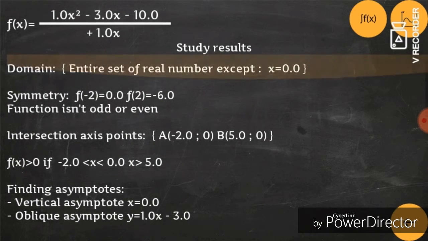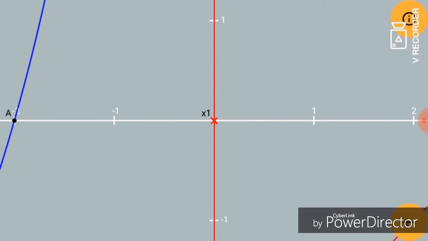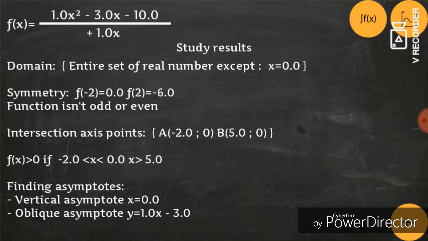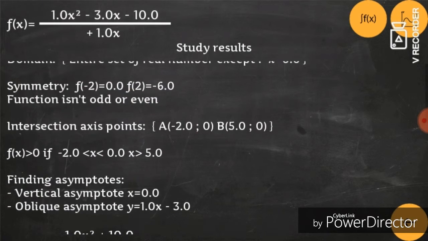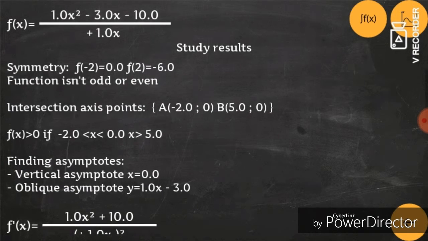Okay, so we have the domain. The domain is the entire set of real numbers except 0, because the graph never touches 0. Next is the symmetry. F of negative 2 is equal to 0, which is symmetrical to f of 2 is equal to negative 6.